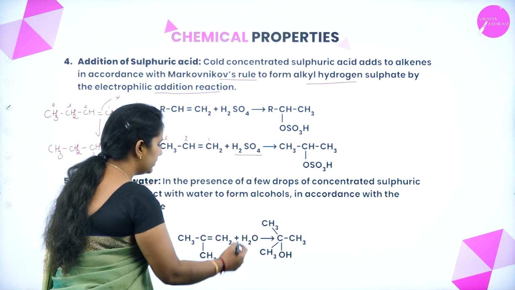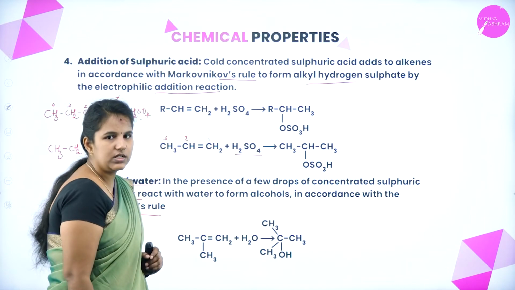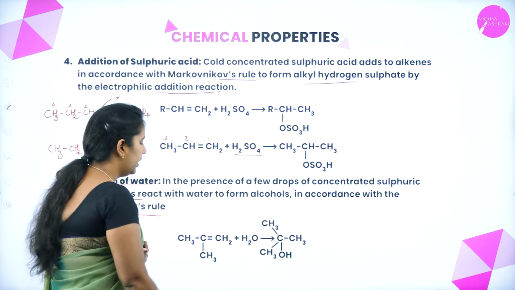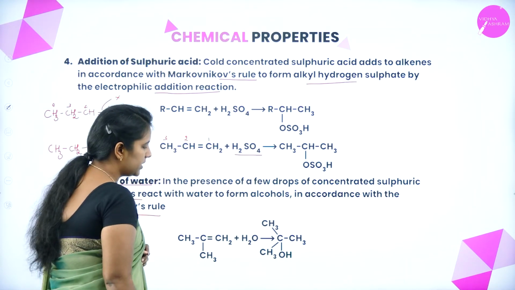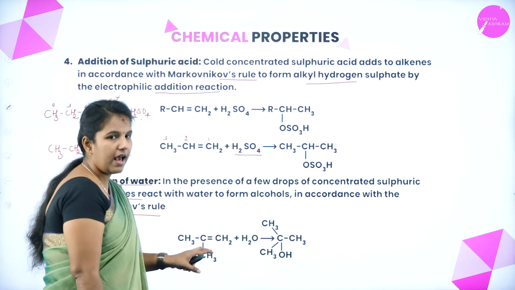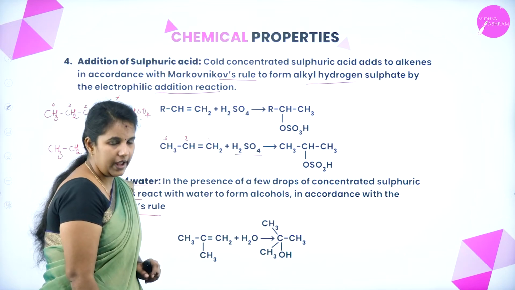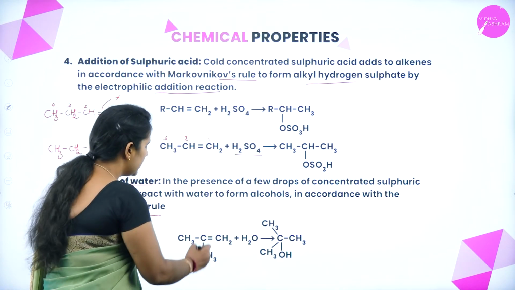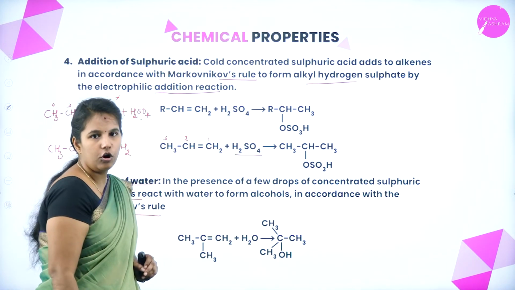Here we know that the negative part of the reagent is the hydroxyl oxygen and the positive part is the H plus ion, which attacks the carbon atom having more hydrogen atoms. Is it right? Yes, and it forms an alcohol.